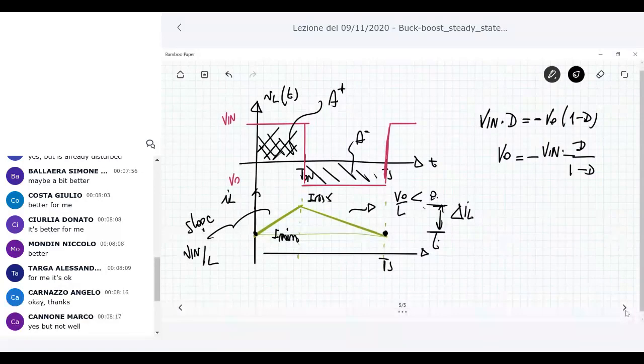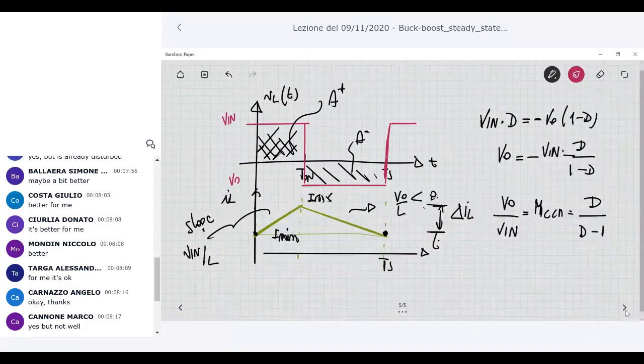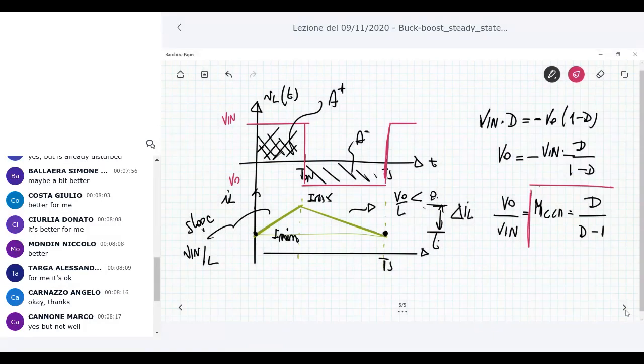From this expression, you can say that V naught over the input voltage V in, which is also called the conversion ratio in CCM, M, is D over D minus 1. So this is the conversion ratio.